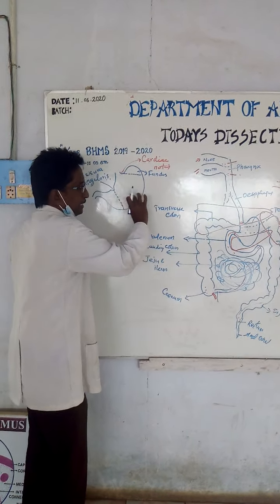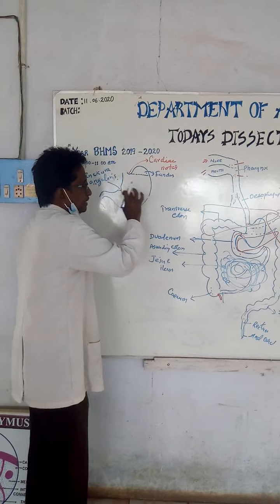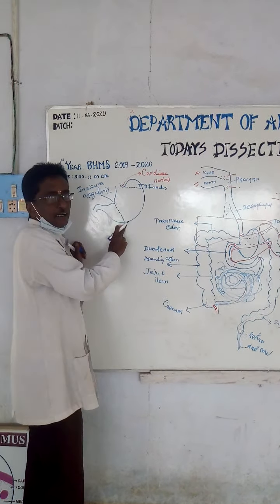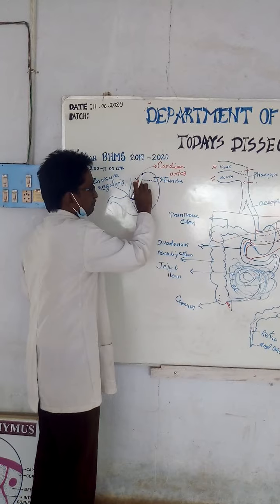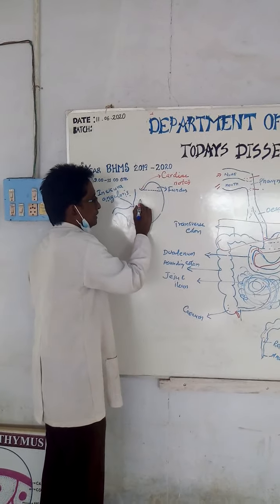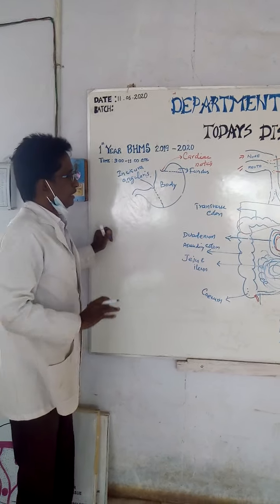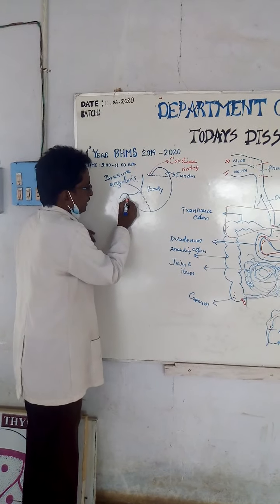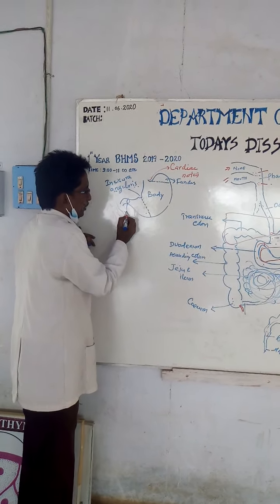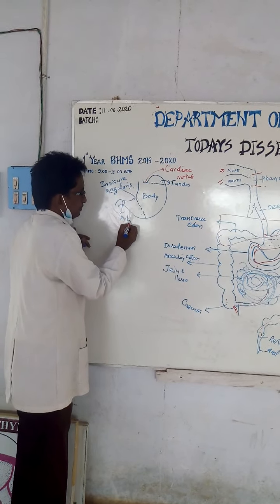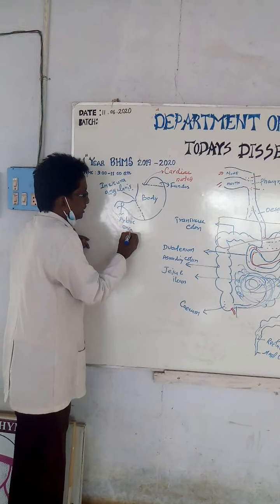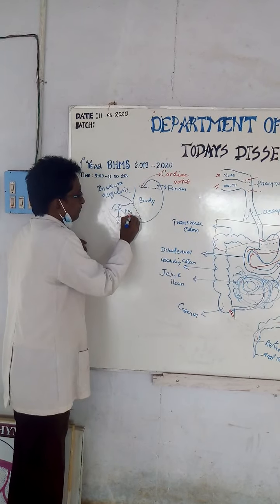Between these two lines is called the body of the stomach. From this line to the pyloric end is nothing but the pylorus.